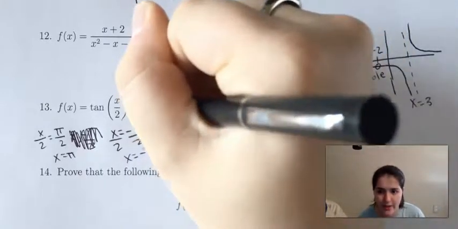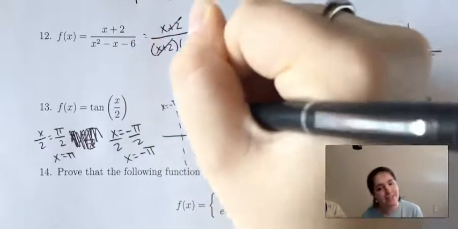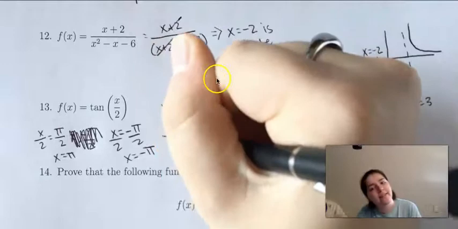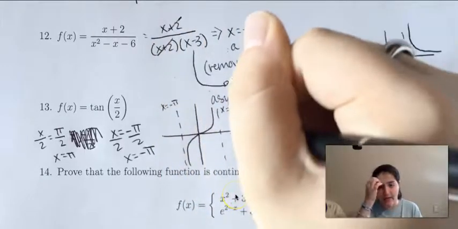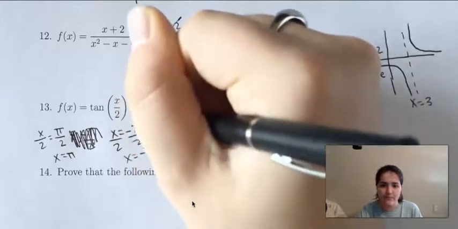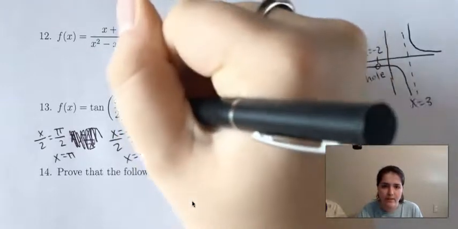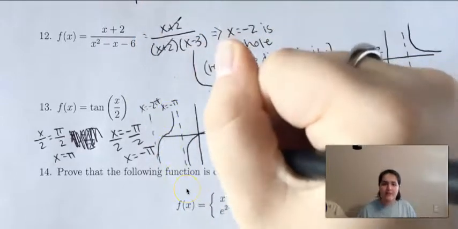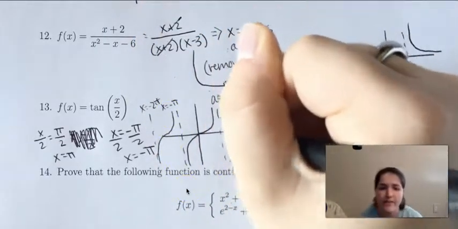So again, drawing the graph to help with visualization. There's one asymptote, and then we have the other asymptote on the other side, and there's our tangent graph. And then since we have these asymptotes, we know it's discontinuous.